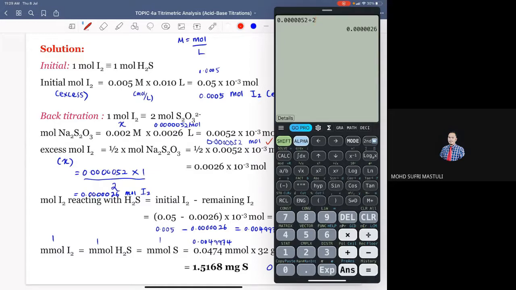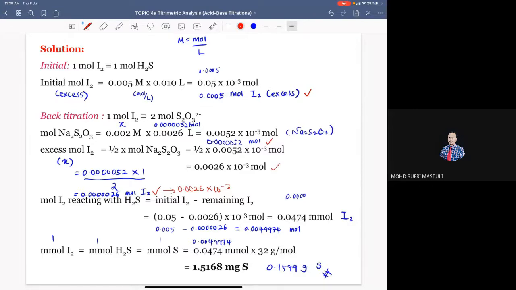How many zeros? 1, 2, 3, 4, 5. This one should be correct. Okay, that's correct. So what's wrong?